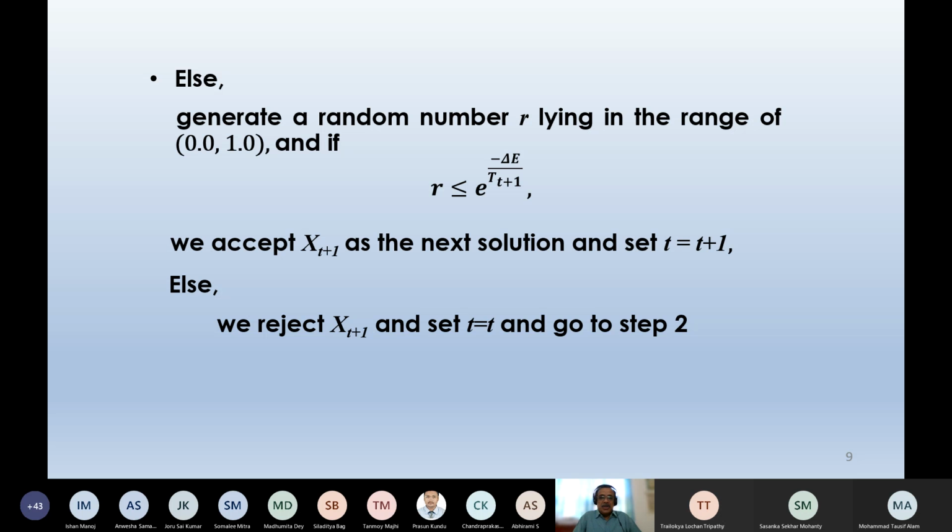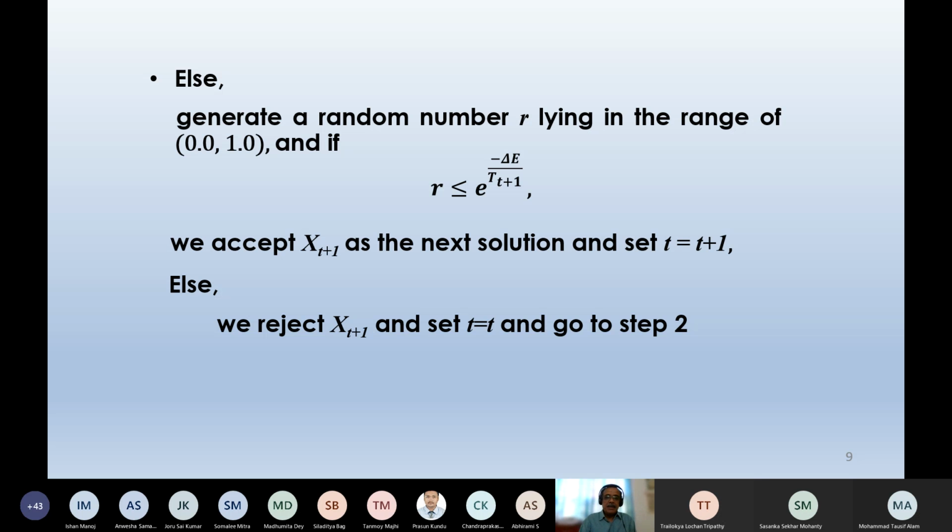So exactly the same principle is followed here. We give a chance to the solution, even if it is not found to be the best, to excel, to improve his or her career. And let us see what happens in future.